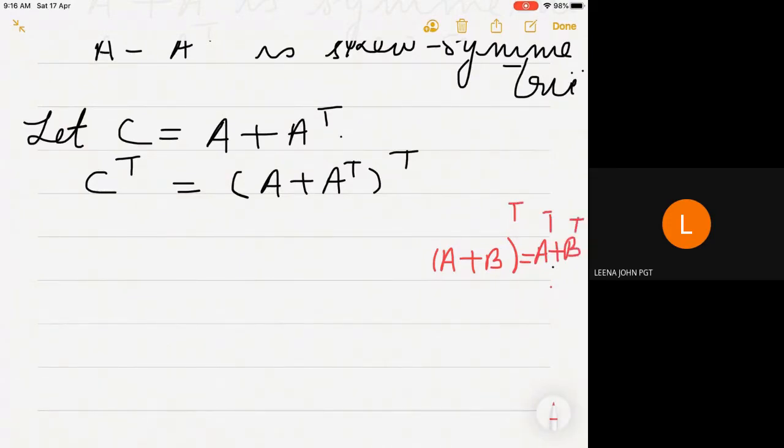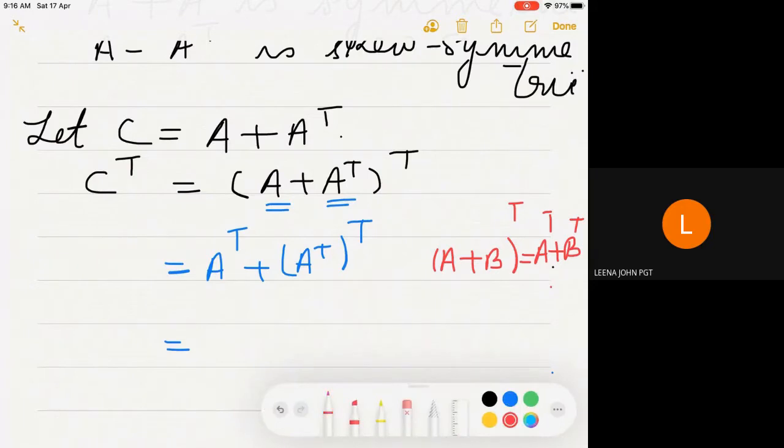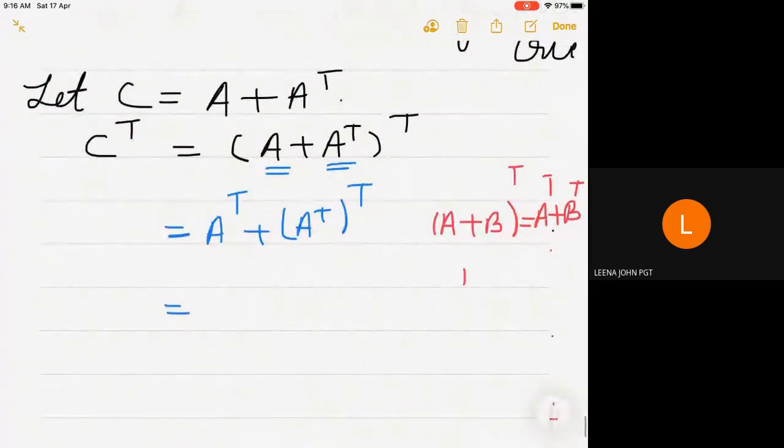Applying that property, the first term gives A transpose, plus taking the second term's transpose, you get A transpose whole transpose. Again you have learned another property, that A transpose whole transpose is equal to A.